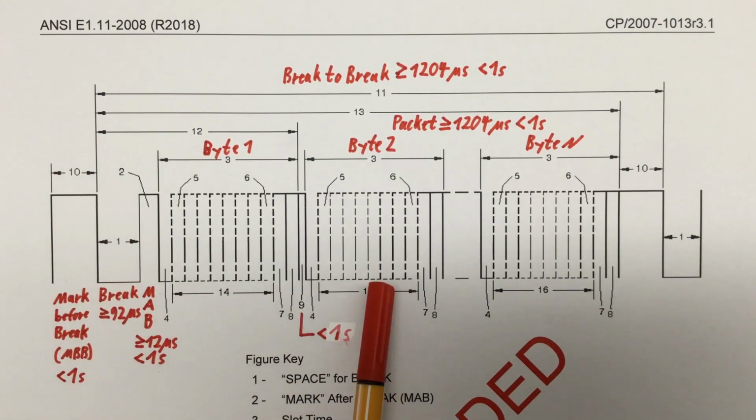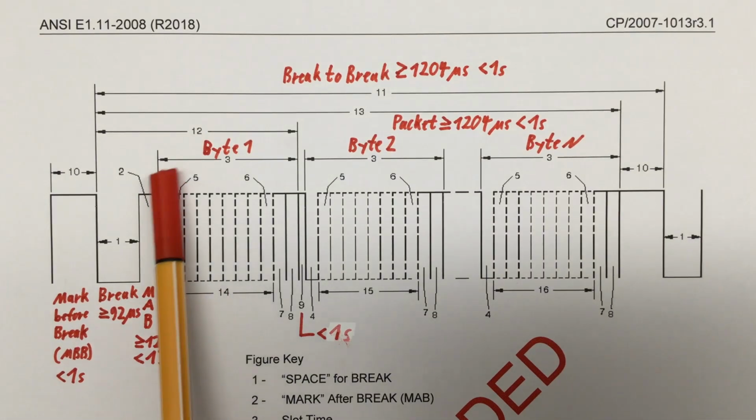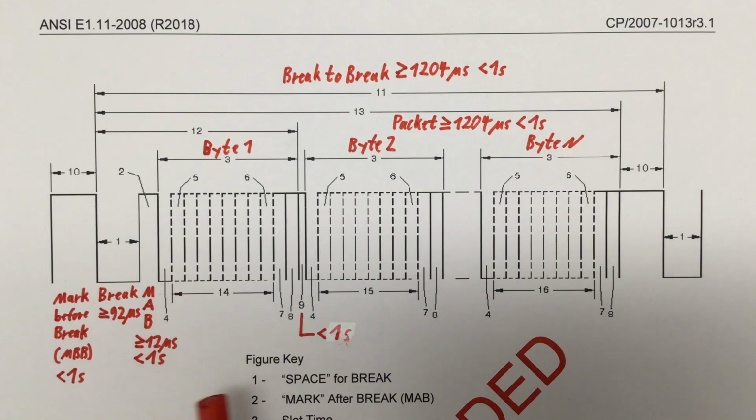Then the package starts with a logical low called break, and that should last for at least 92 microseconds. Before the first byte, we have another logical high called mark after break that should last for at least 12 microseconds, but should be shorter than 1 second.